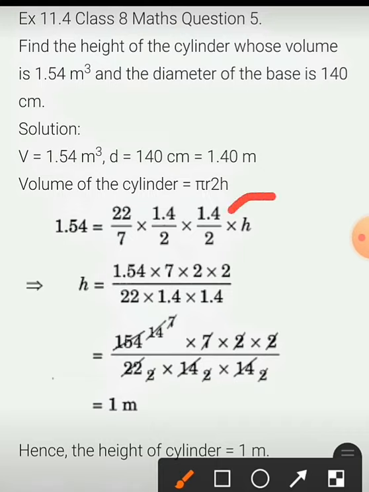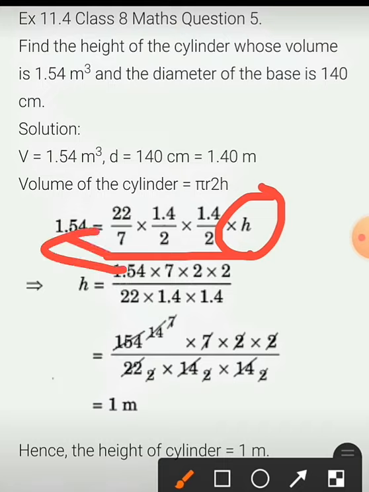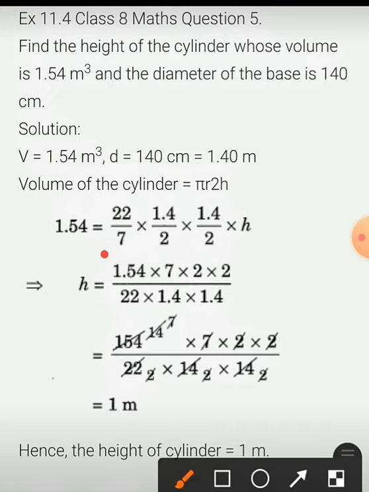So we have to find the height. What you can do is take this 3 to this side, just like solving an equation. This 7 into 2 into 2 we take to the other side.